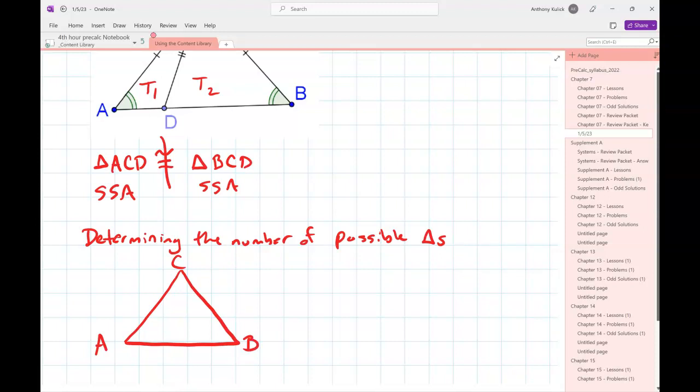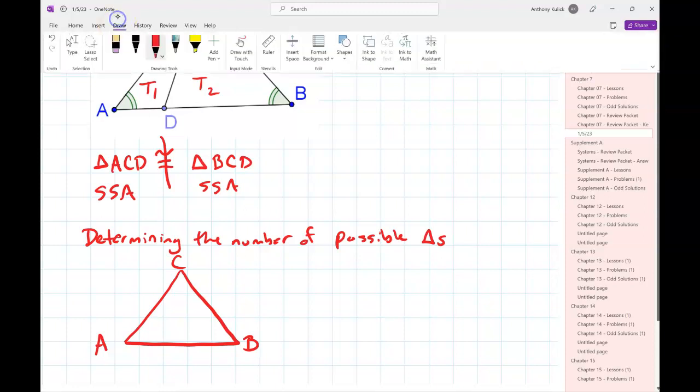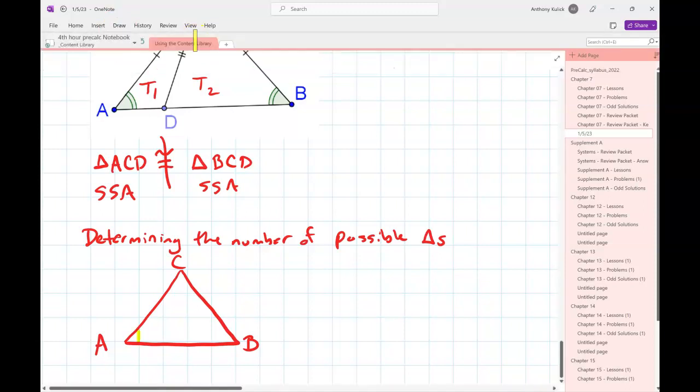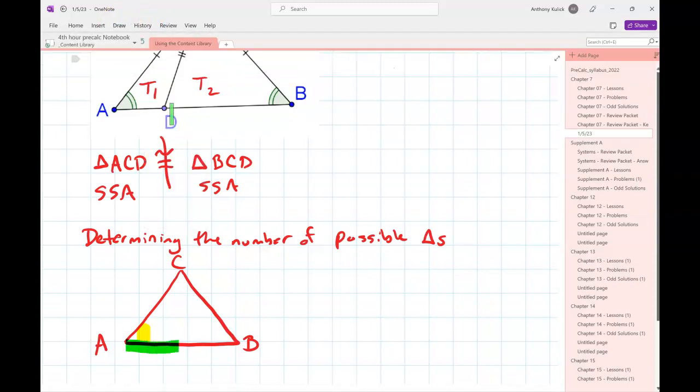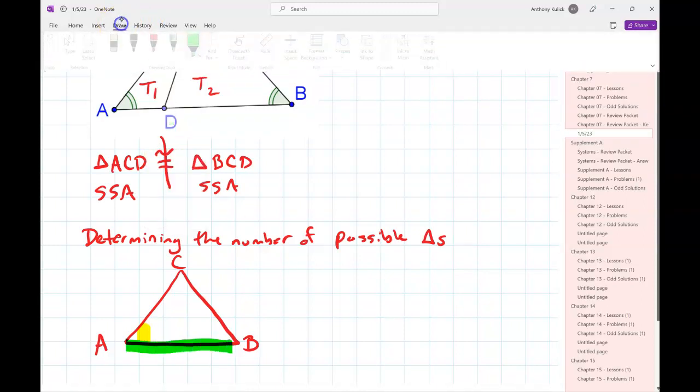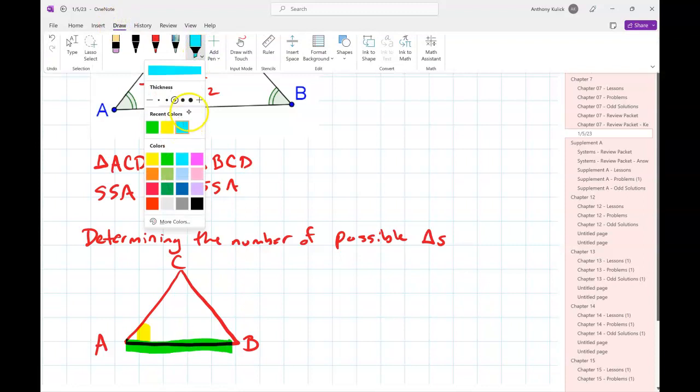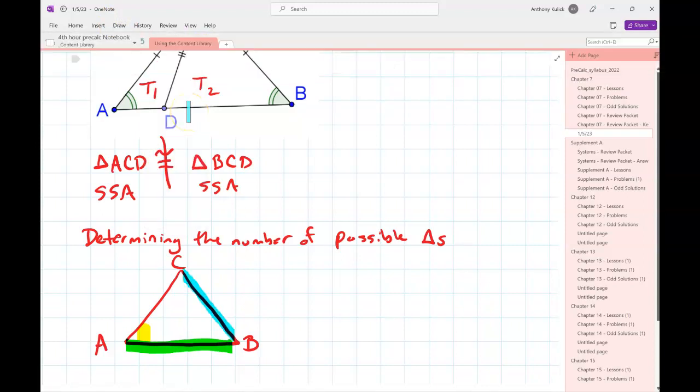So let's say we have some triangle ABC, and we're given angle A, we're given side AB, and then we're given side BC.